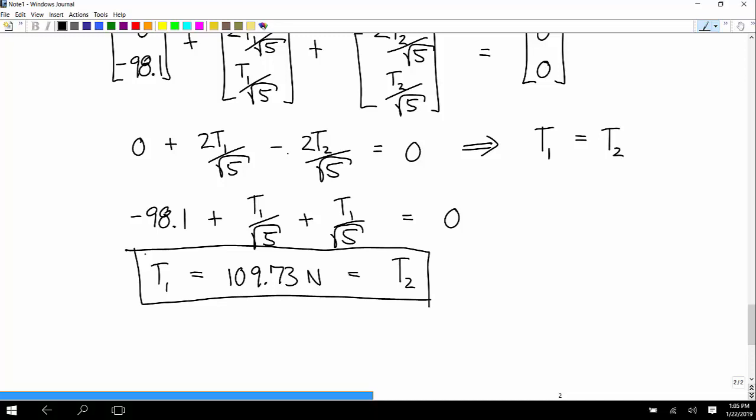Yeah, because I substituted. From the x equation, we got that T1 and T2 are the same, and so then I substituted T1 in for T2 in the second equation. Any other questions?